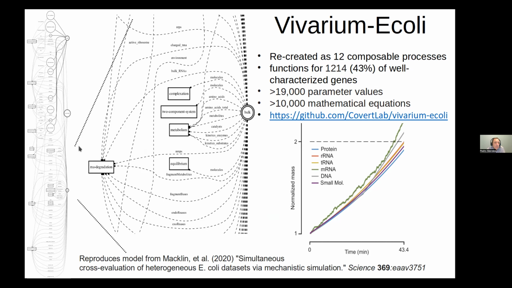It couples different processes. As you can see here, this is the bigraph of the whole thing. Of course, we don't want to look at details, just a bit of zooming in where you can see metabolism is connected to a number of things, to the bulk. You get two-component signaling systems. You have some things that are in equilibrium.